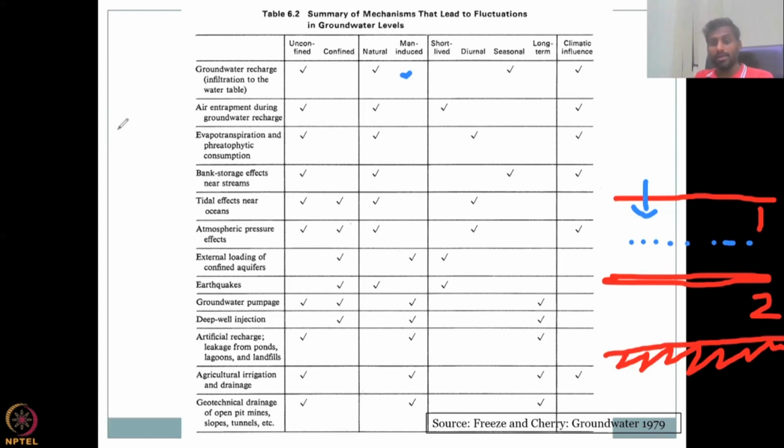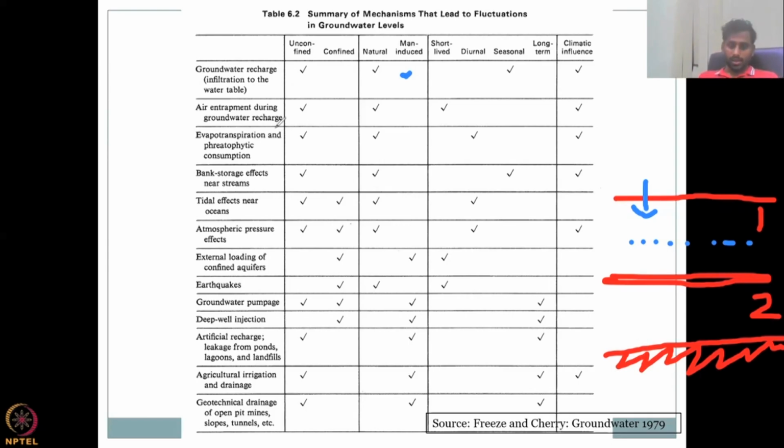Is it influenced by climatic factors? Yes, because when climate extremes happen, for example a flood, there will be more rainfall and stagnation of water, so water can recharge. What happens in a drought, which is also a climate extreme? There is no water. When there's no water, there's no recharge.